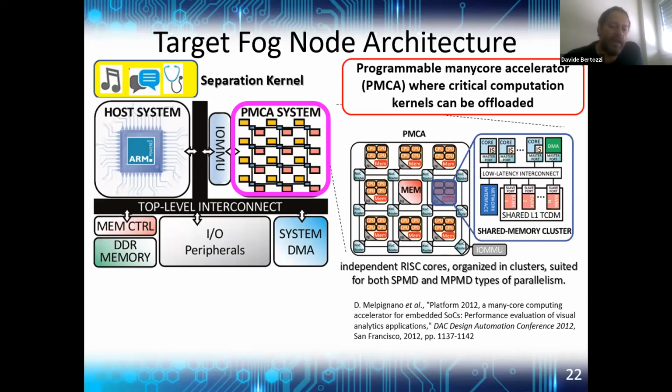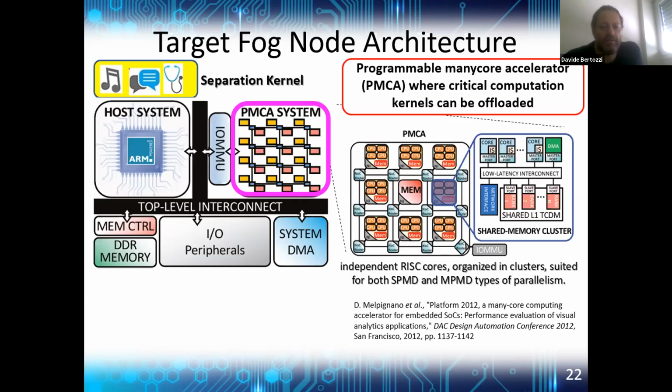This is because in the high-end embedded computing domain, data parallel sections in the code alternate with irregular task-level parallelism. And for that, it has been demonstrated that having a programmable many core accelerator among your set of accelerators may be a very good option.